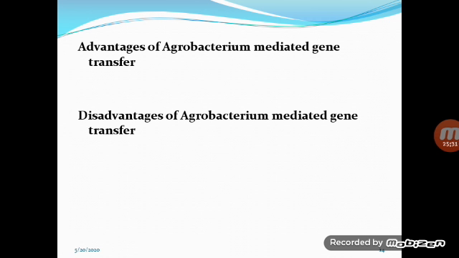Then what are the disadvantages of Agrobacterium mediated transformation? First, this is a time consuming method. Not all kinds of cells can be treated by this method, so it means this is only for selective types of cells and tissues, not for all cells or organisms.